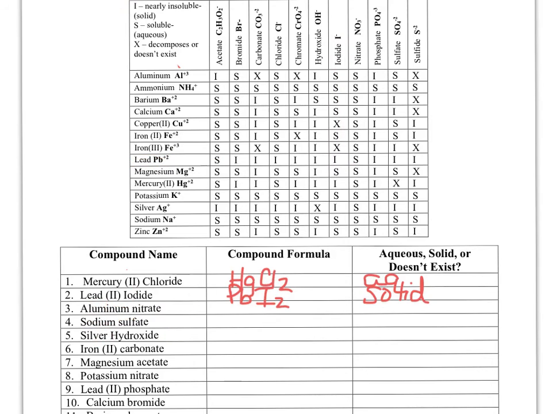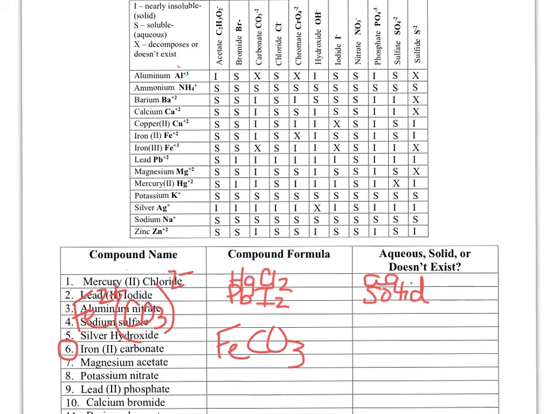All right, let's try one more example because I'm sure you're going to get the hang of this pretty quick. Let's look at number 6, iron 2 carbonate. All right, iron is Fe2 plus, and carbonate we know is CO3, and that overall has a 2- charge. So iron 2 carbonate would end up being FeCO3.